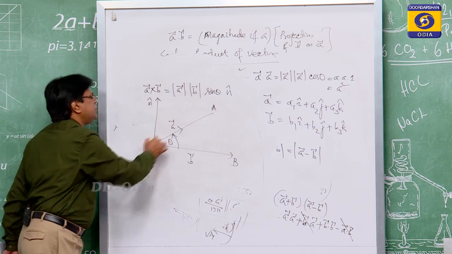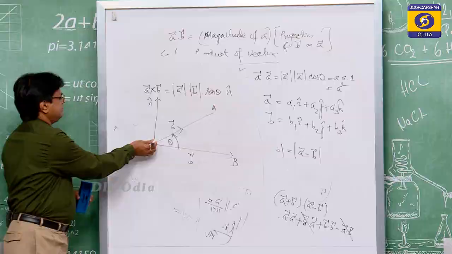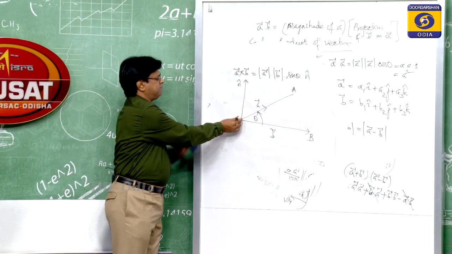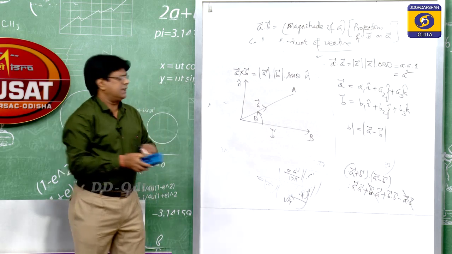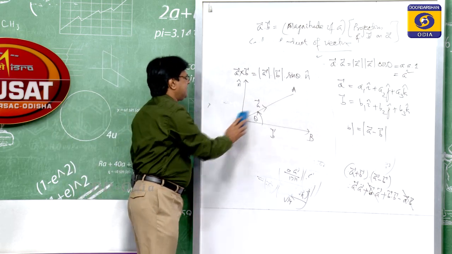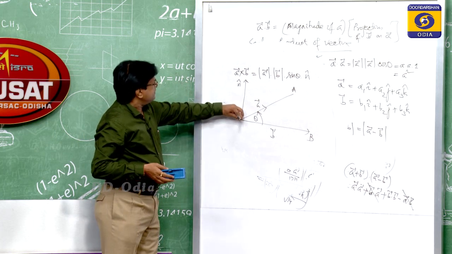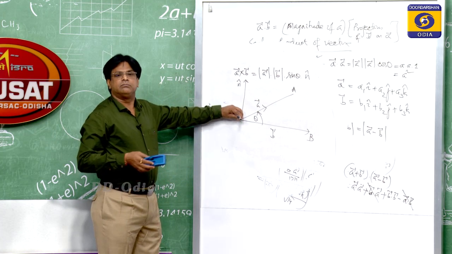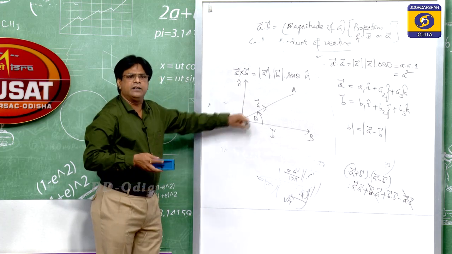This vector is perpendicular to this plane. This whiteboard is a two dimensional object, so if this is the A vector and this is the B vector with angle theta between them, then this pen is your n cap. This pen is acting as the perpendicular to both A and B.